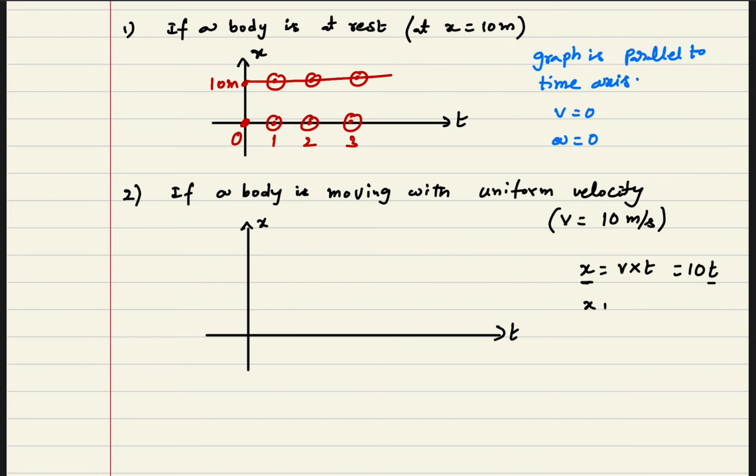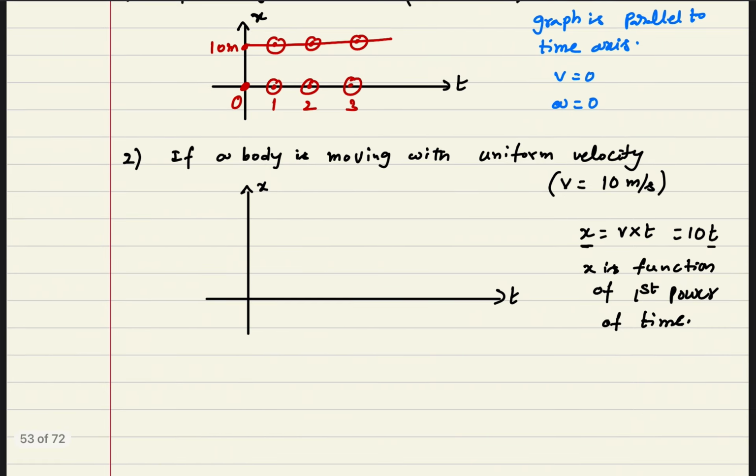This graph is x as a function of the first power of time. Whenever any quantity is the first power of another quantity, the graph will be a straight line.